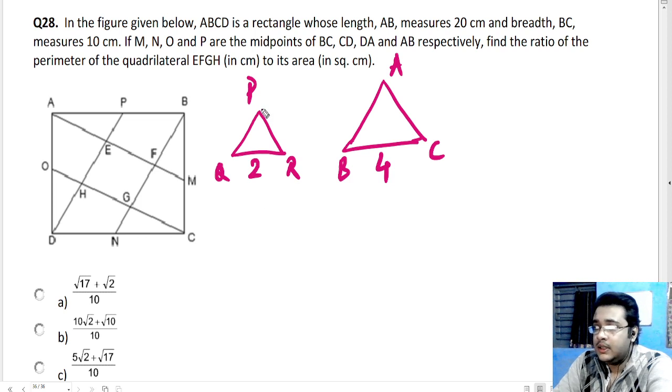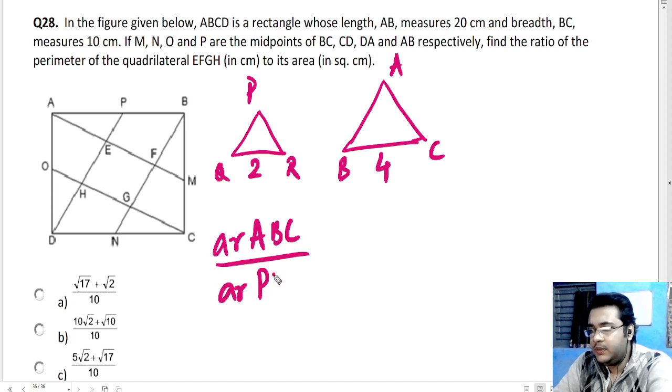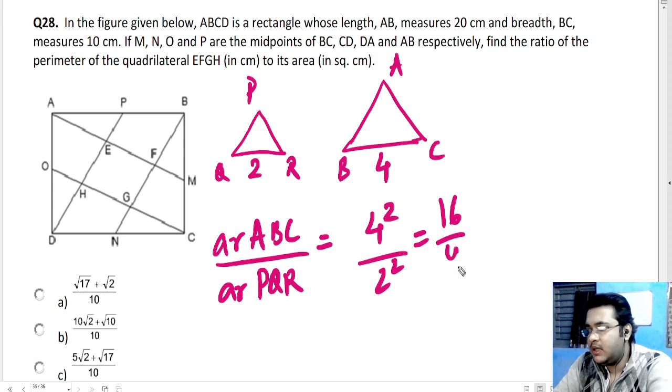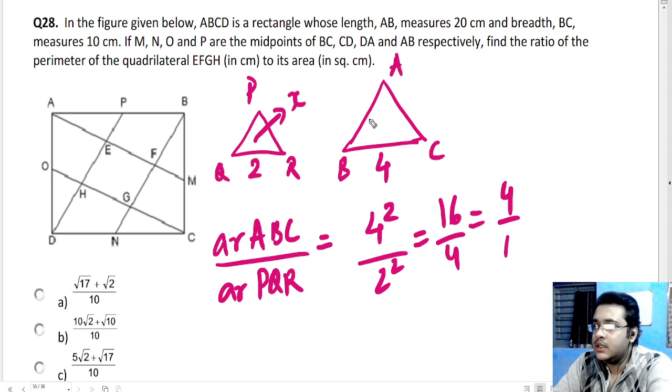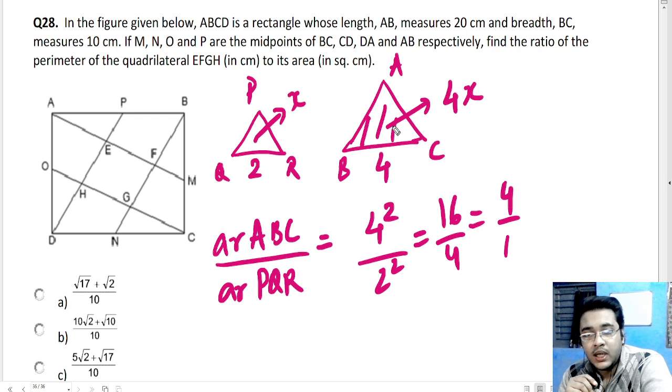Now, area of ABC by area of PQR, this is a very standard thing. This is actually 4 square by 2 square, that is 16 by 4, that is 4 by 1. So if this area is x square units, this area will be 4x square units.